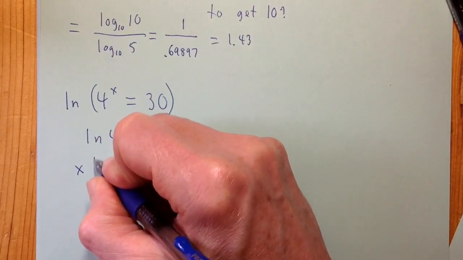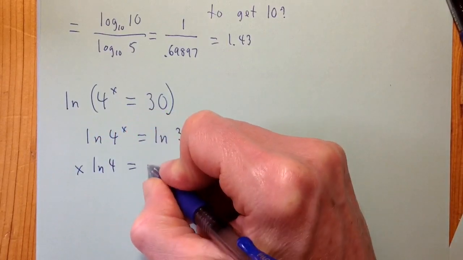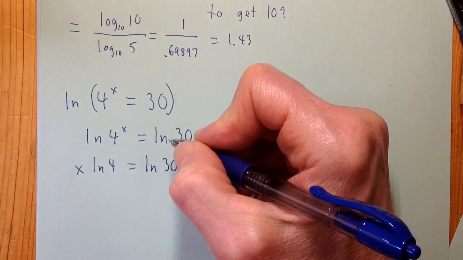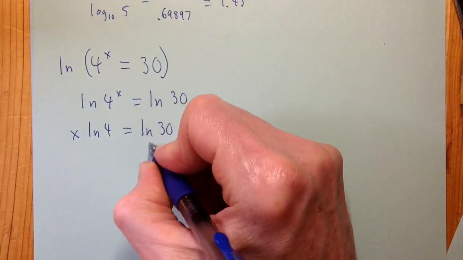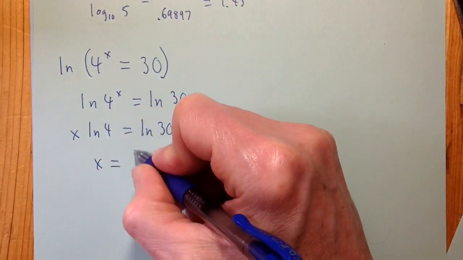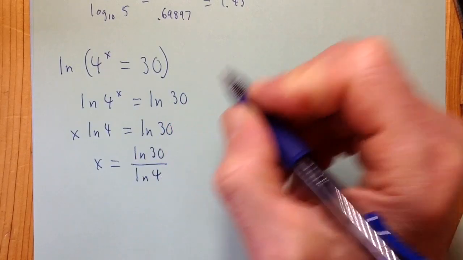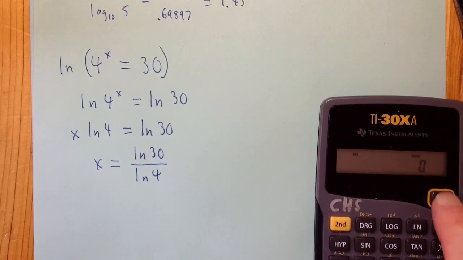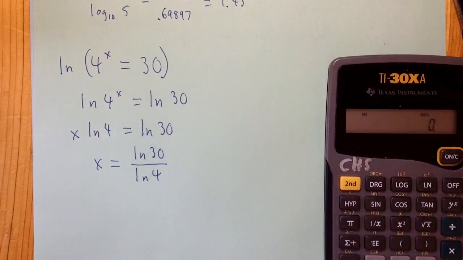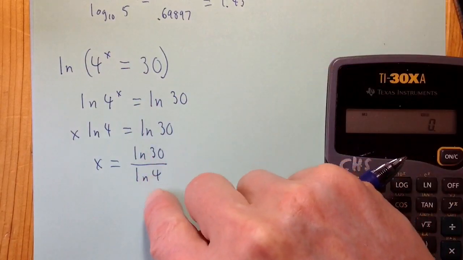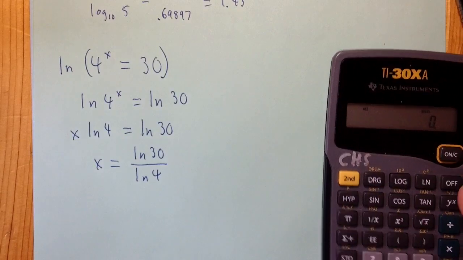So that's x ln of 4 is equal to the natural log of 30. Finally, divide both sides by ln of 4: x is equal to the natural log of 30 divided by the natural log of 4. And again, I can plug those in my calculator. And again, you don't have to use natural log, you could use log base 10 as long as it's the same one on both sides.